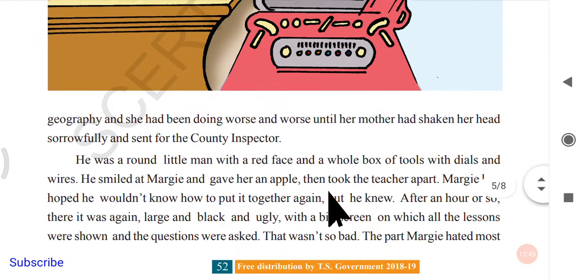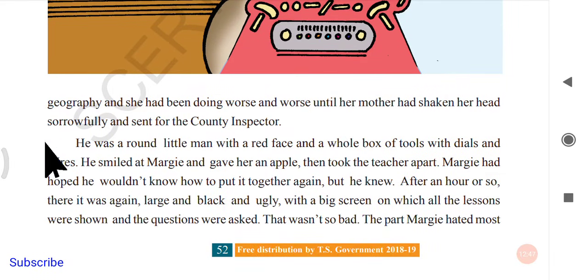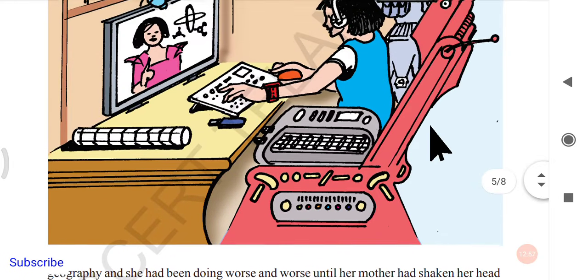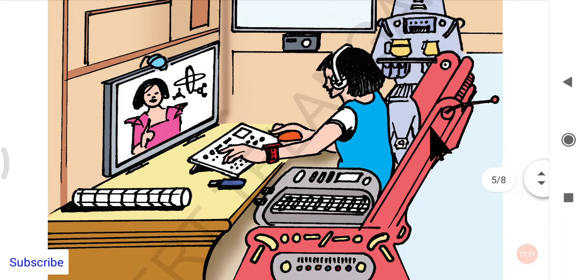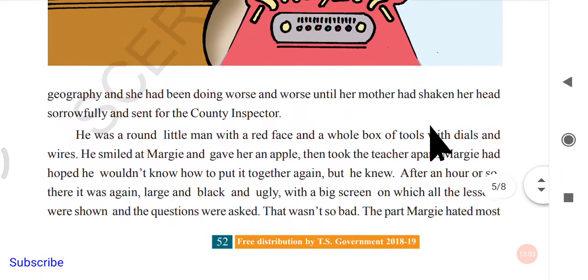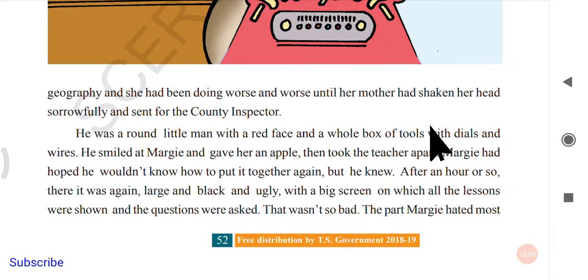He was a round, little man with a red face and a whole box of tools with dials and wires. So just imagine here. Everything that you are seeing on the screen is going to be our future. Here the description of that country inspector is given.